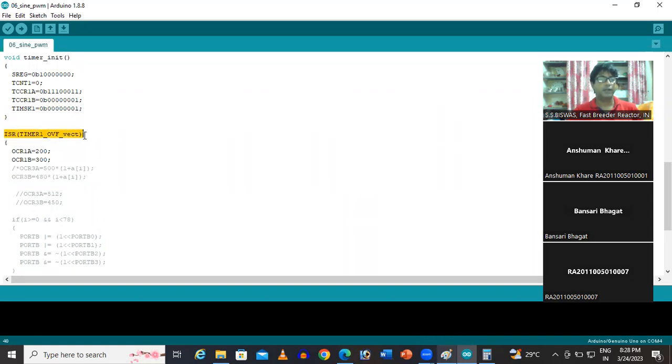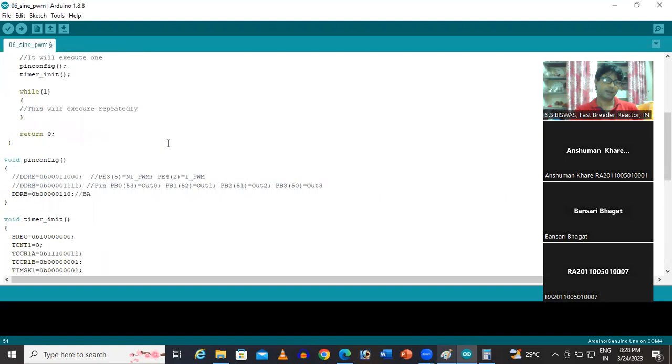At that time it will redirect to this ISR, the interrupt service routine. It will go to this interrupt service routine, and here only I am putting the duty cycle 300 and 300. Simple.